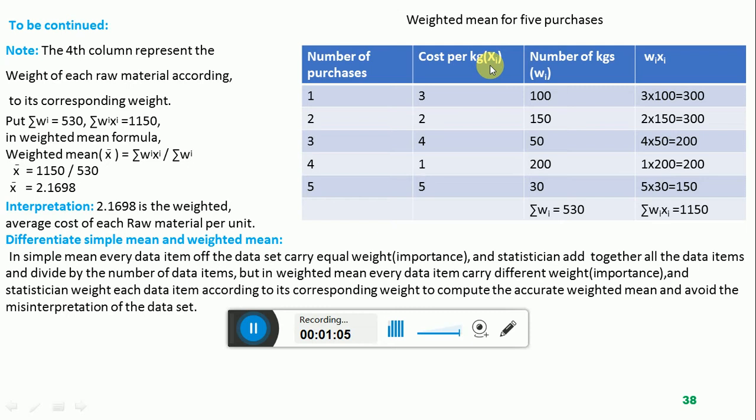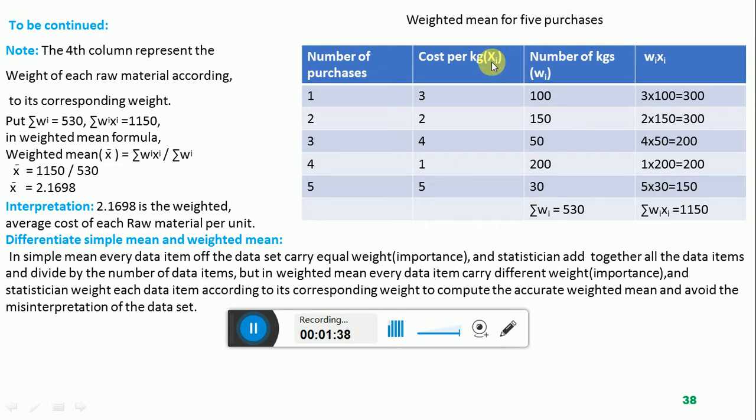The second column represents the 5 different prices per kg, or cost per kg, of the raw materials. We use the symbol Xi for the cost per kg, where i is the subscript which runs from 1 to 5 because we have 5 different raw materials.